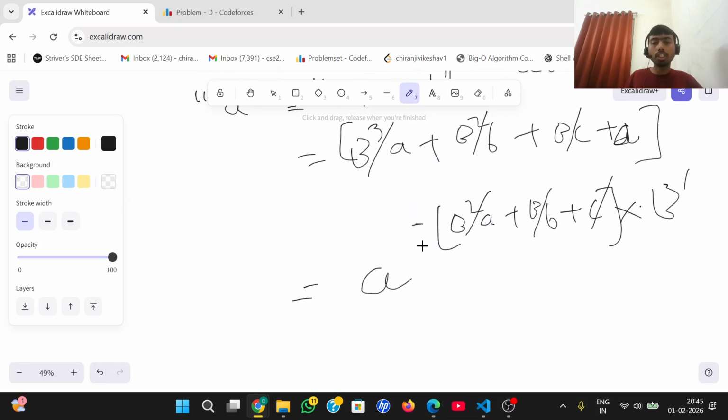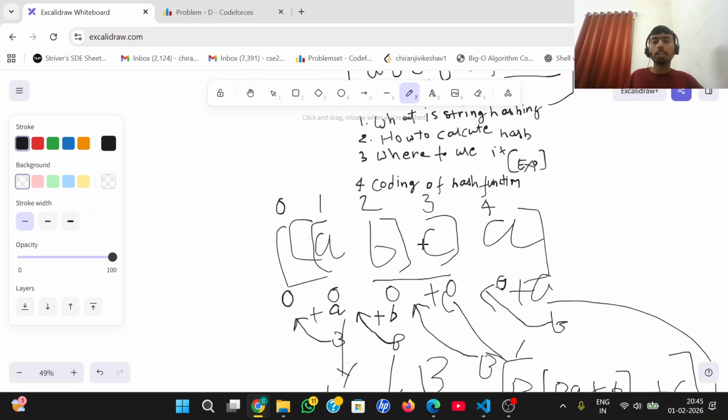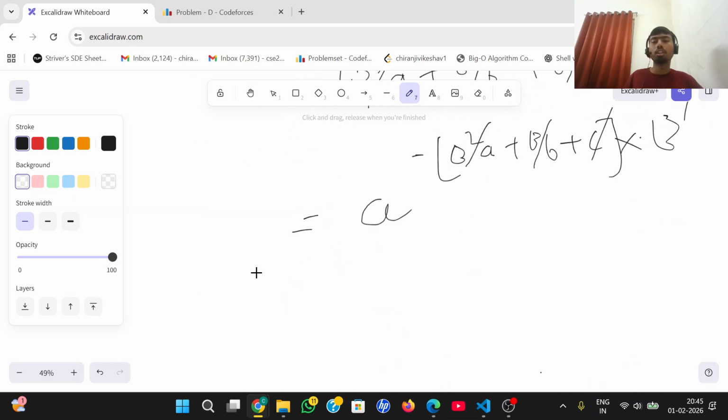So you see here, even the start substring, which is A, the start of the string, the hash value is A, and the last substring, which is also A, their hash value is also A. We got it. Okay. So keep in mind that if the strings are the same, the substrings are the same, their hash values are going to be the same.